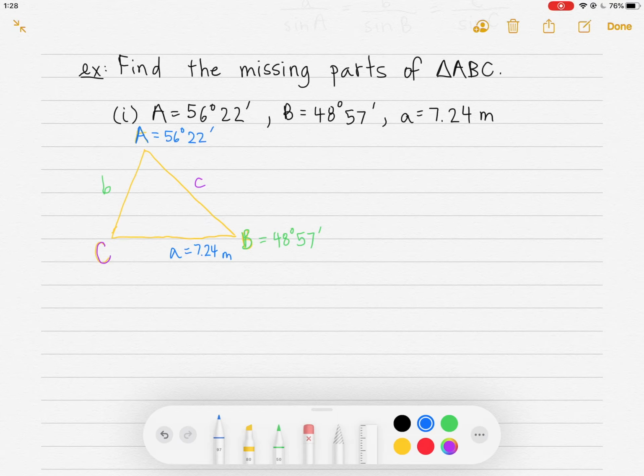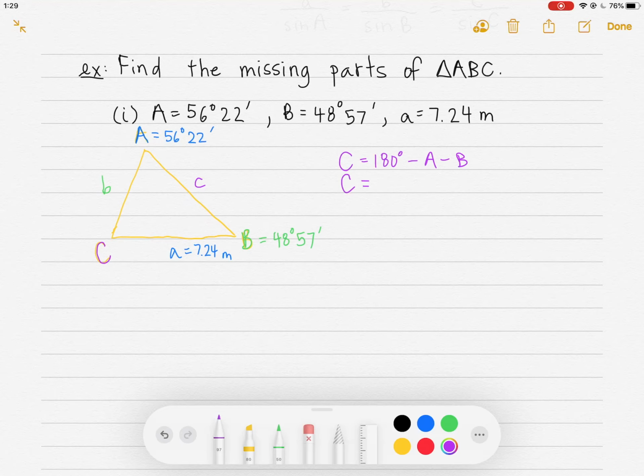Okay, so finding all the missing parts means that we're looking for little b, little c, and big C. Who's the easiest to find first? In my opinion, it's big C, because big C is 180 degrees minus A minus B. I don't even need to see this calculation on your paper. You can just do it all in your calculator.